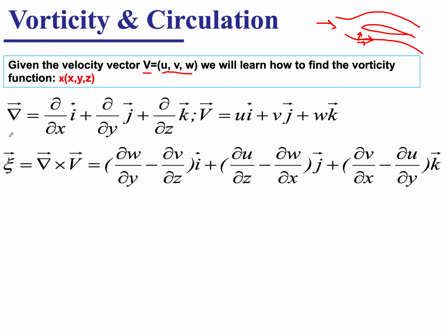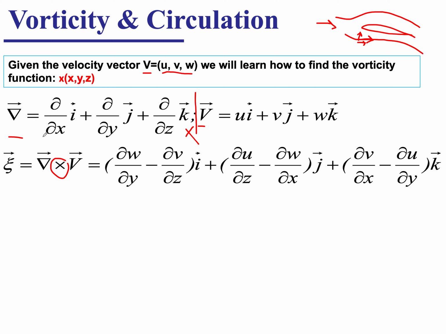So the curl operator, the del, is just d by dx i, d by dy j, and d by dz k, and my velocity is u, v, and w in the i, j, k directions. So the curl, the vorticity, is just the cross product of those two vectors.